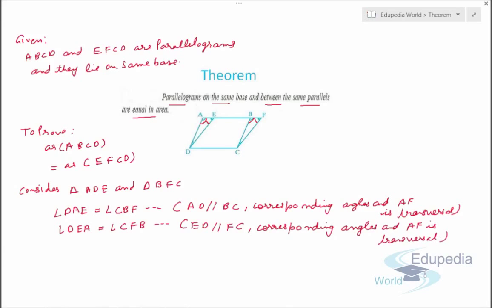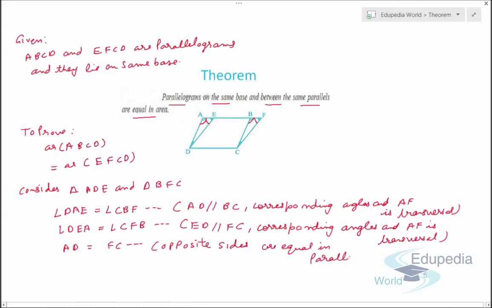Right? Now, we can say that AD equals FC. Why? Because opposite sides are equal in a parallelogram.